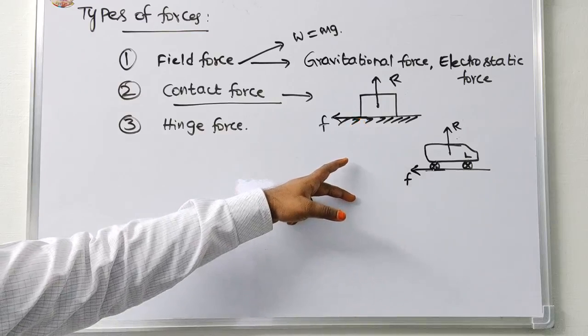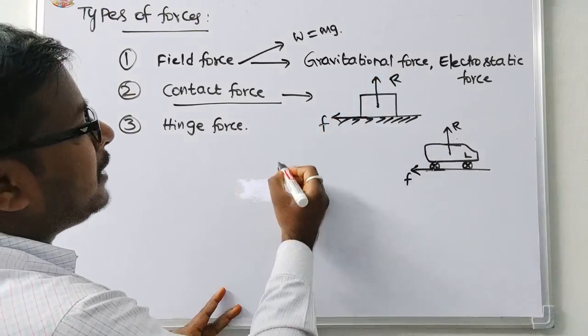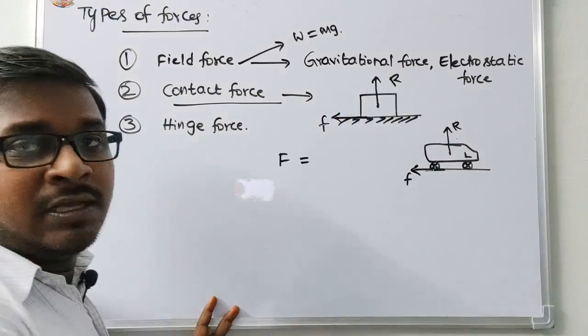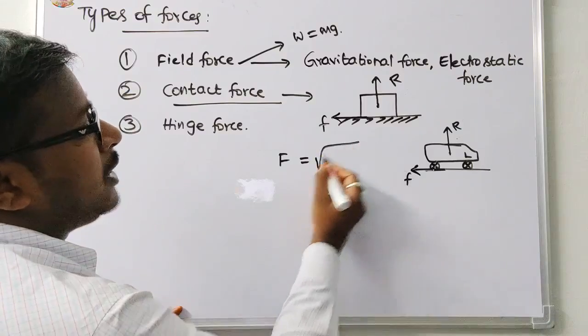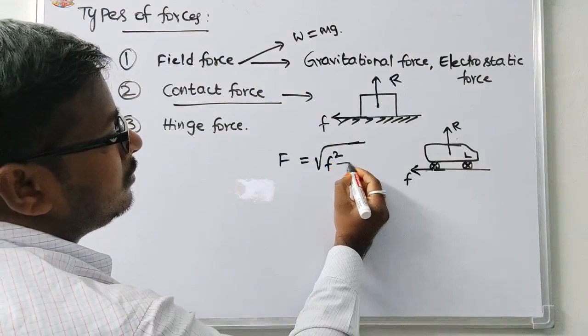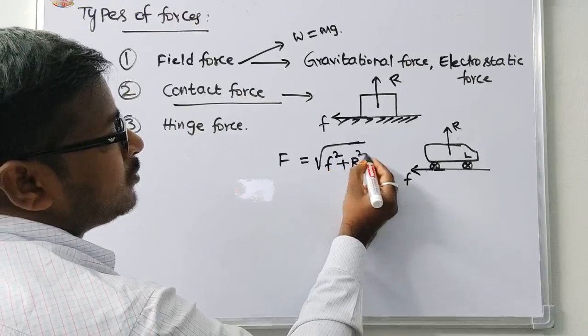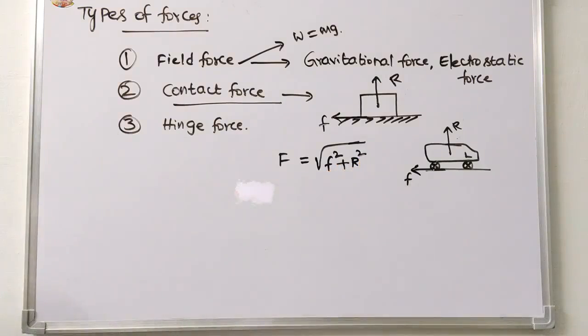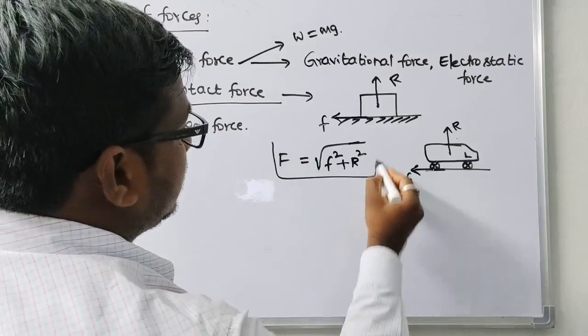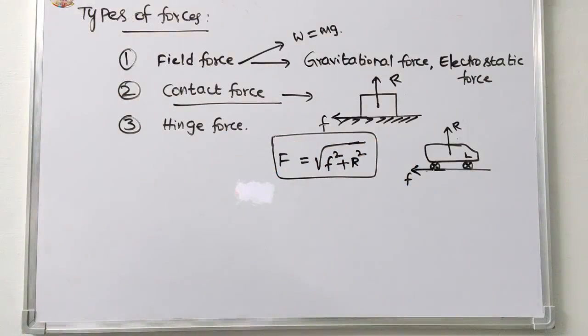Since these two are mutually perpendicular, the contact force F is equal to the square root of frictional force squared plus reaction squared, F squared plus R squared. This is the contact force, students.